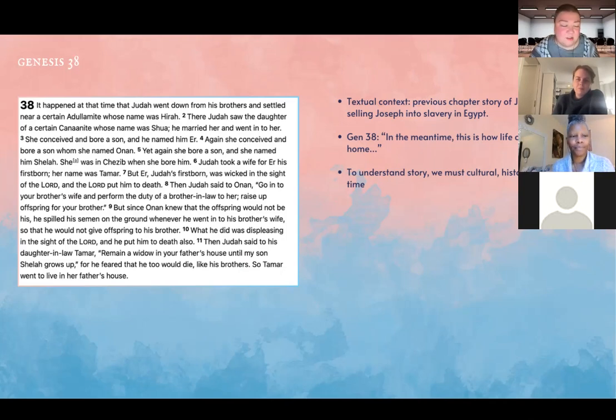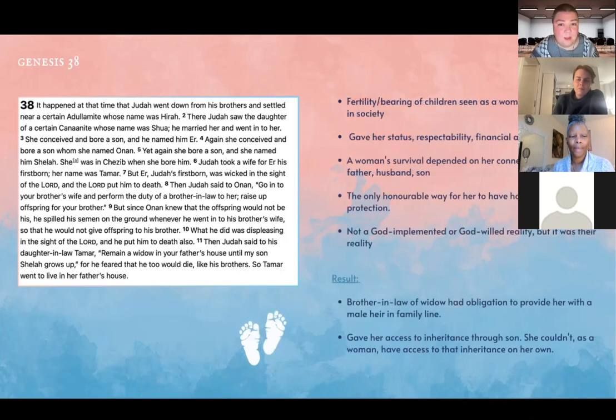In order to understand this story, we must understand the cultural and historical realities and customs of the time. First of all, fertility and the bearing of children was seen as a woman's rite of passage in society, to having a place, status, respectability, and also financial and future stability. A woman's survival in this society depended on her connection and ties to men, whether it was her father, her husband, or her son.